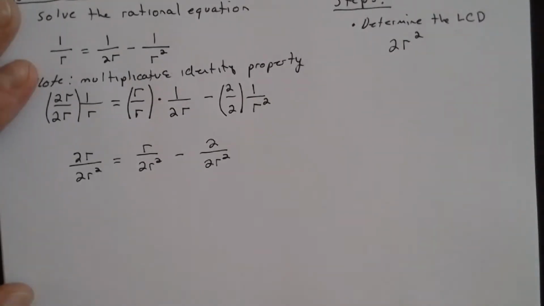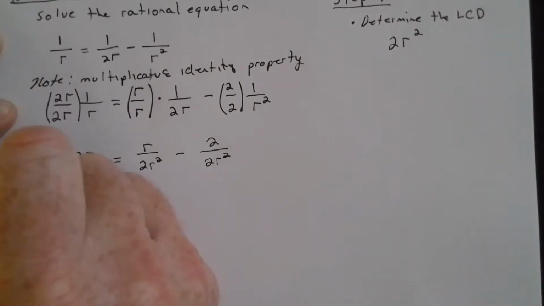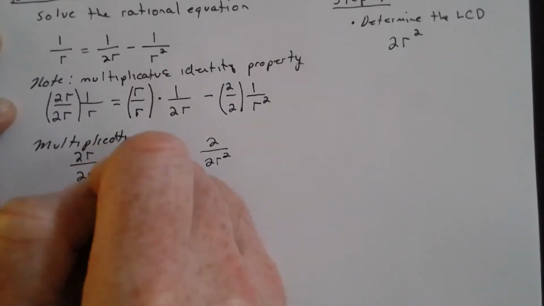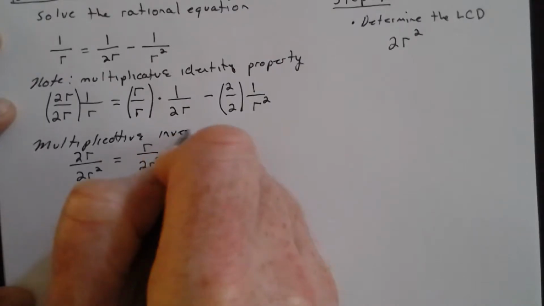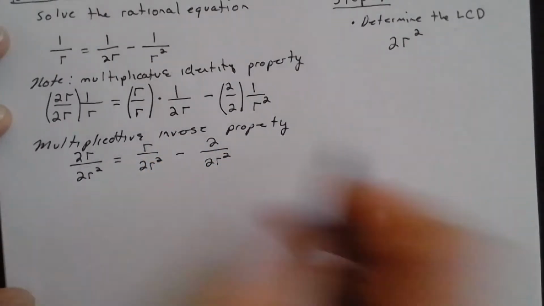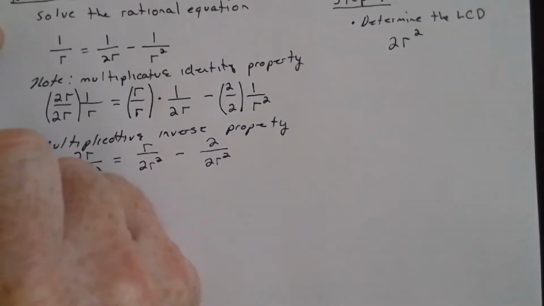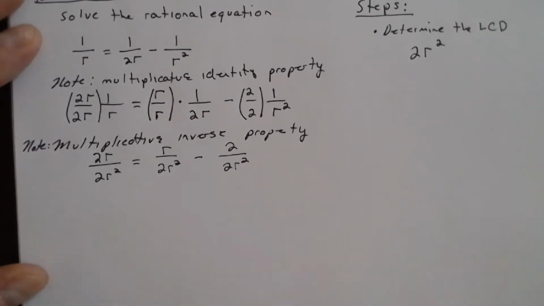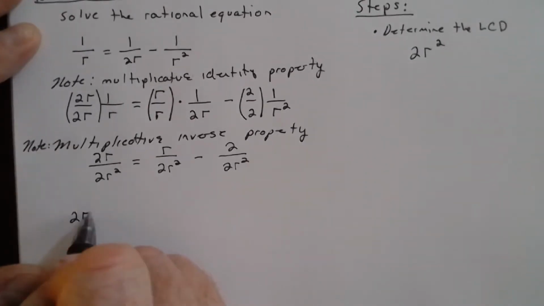We need to get rid of the denominator, so we multiply everything by 2r squared. Which property is that using? It's the multiplicative inverse property. And we are going to multiply everything by 2r squared.